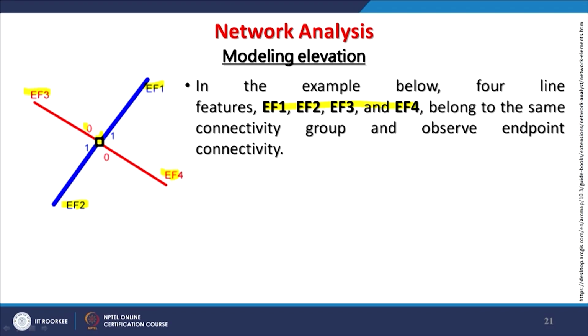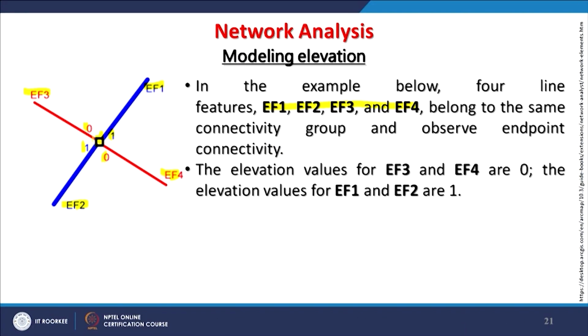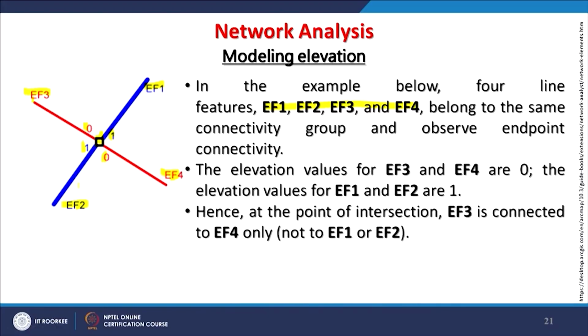Coding has been done so this is connectivity group 0, and this blue one is connectivity group 1, and endpoint connectivity is also shown here with the junction. Now elevation values for EF3 and EF4 may be 0, whereas elevation values for EF1 and EF2 are 1. For simplicity these have been kept like this. So that means this junction is at 2 different levels in terms of elevation.